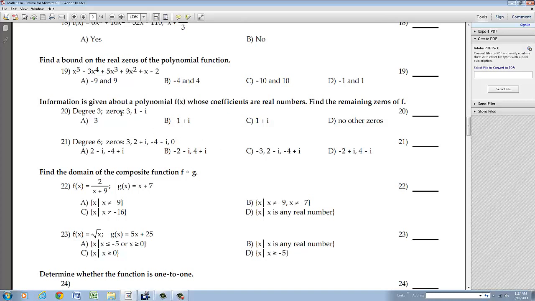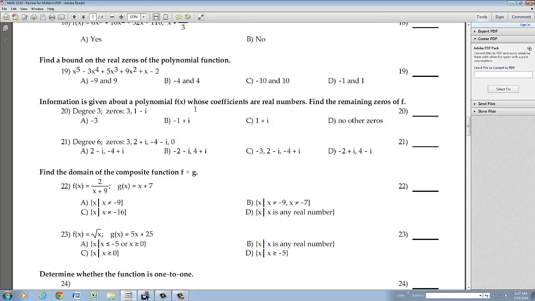Number 20 has some zeros of a function with real coefficients, and they want us to find the remaining zeros. Well, here's the deal. We have a theorem that tells us that if a function has real coefficients, complex zeros have to come in pairs.